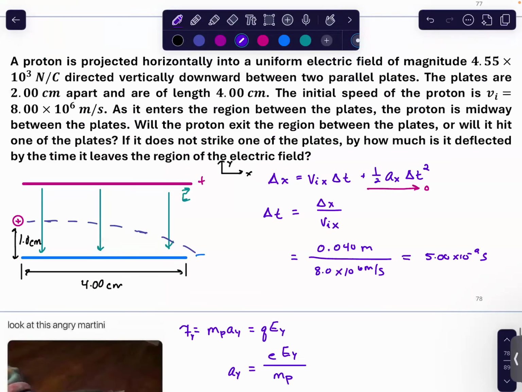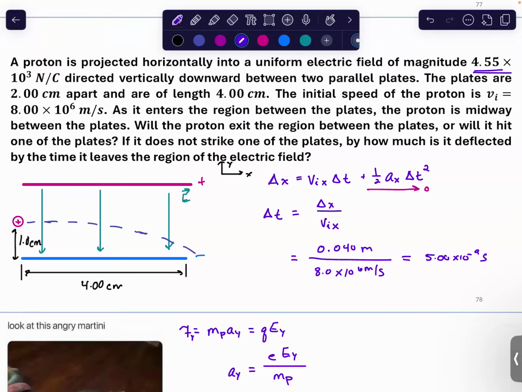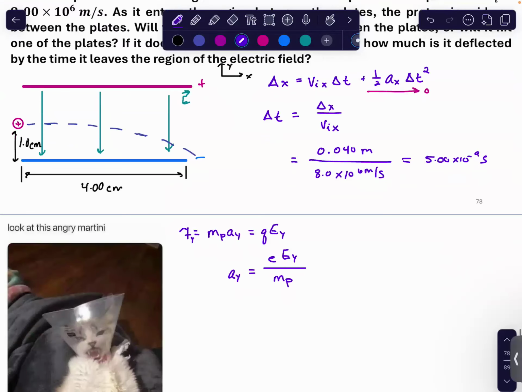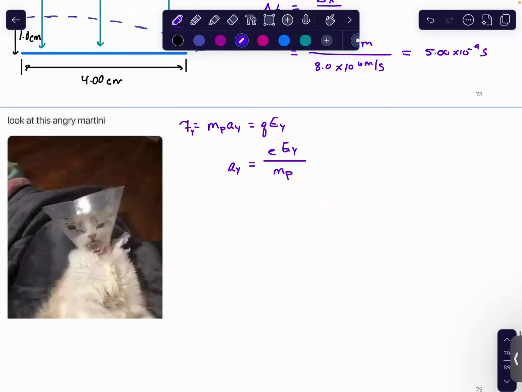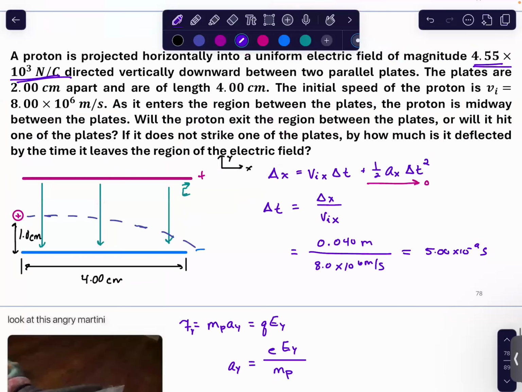Now, you see here, we have our magnitude of our electric field. Those other two are constants, but I want to see if this makes sense to you. So our acceleration, that is our base charge. The magnitude of our electric field, does it have to be positive or negative?